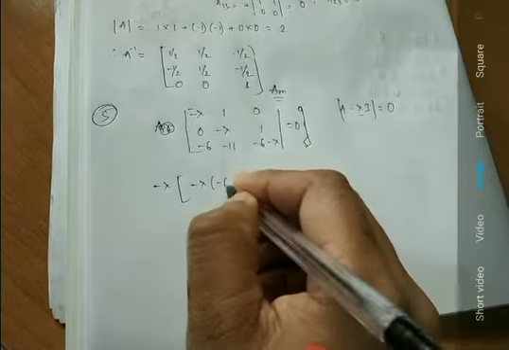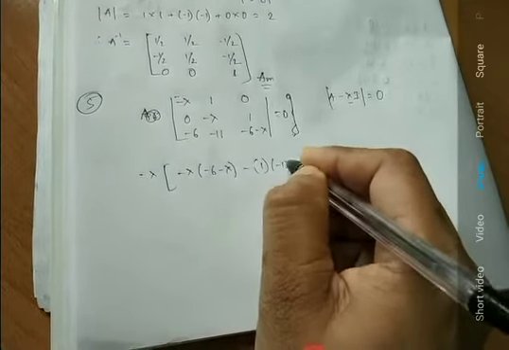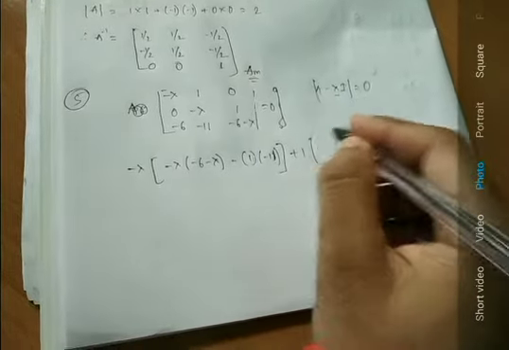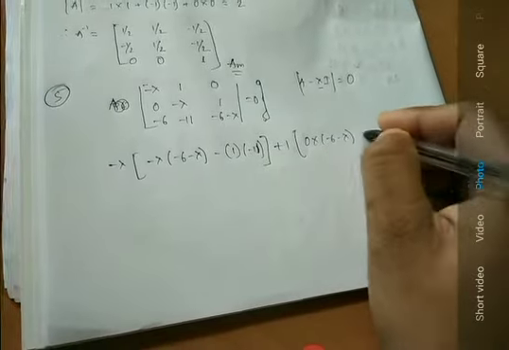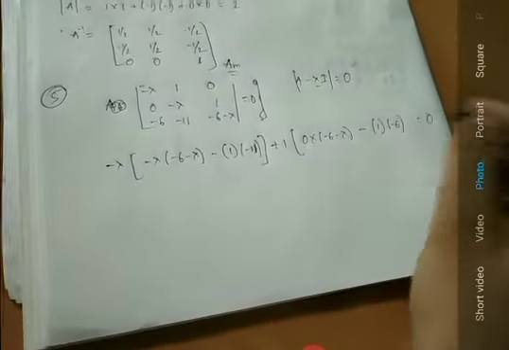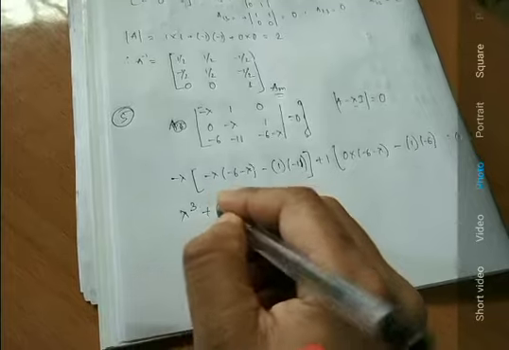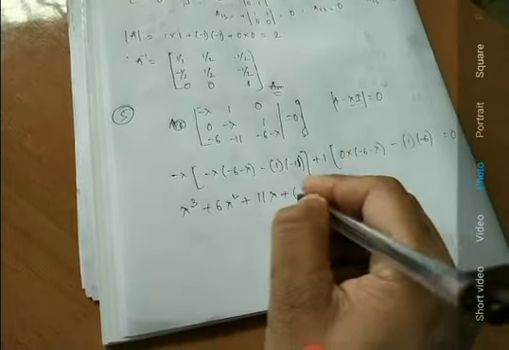So this into this, minus 1 into minus 11, then plus 1 into 0 into minus 6 minus lambda, minus 1 into... I am showing in detail. If you solve it, you will find an expression in lambda: lambda cube plus 6 lambda square plus 11 lambda plus 6 equal to 0.